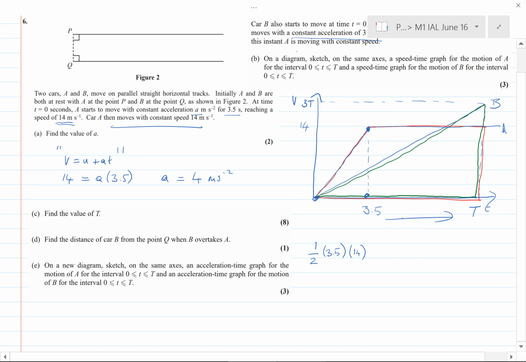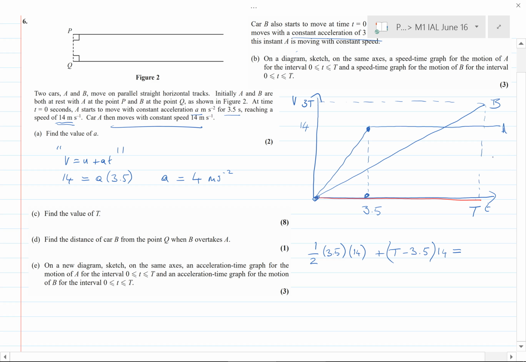Well, this side here is t minus 3.5, and the height here is 14. Then that equals the area of this triangle here, the triangle there that I've just rubbed out.